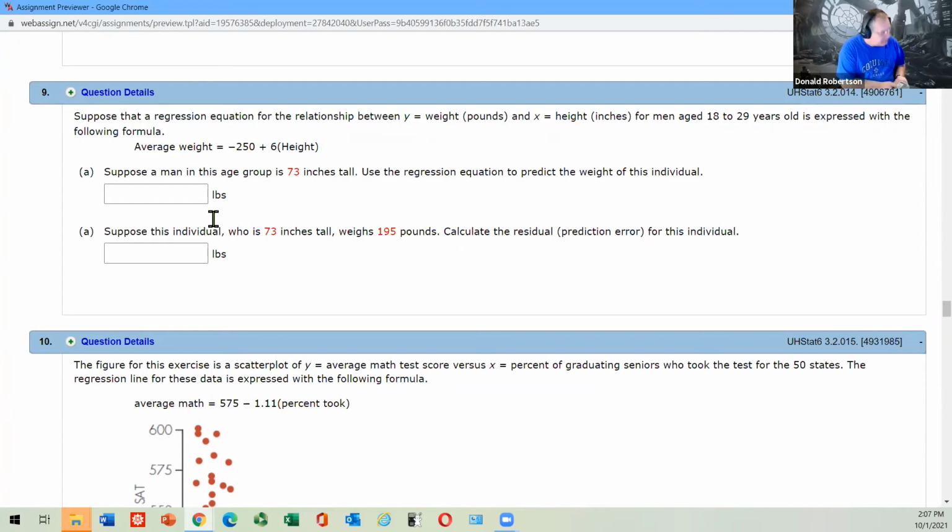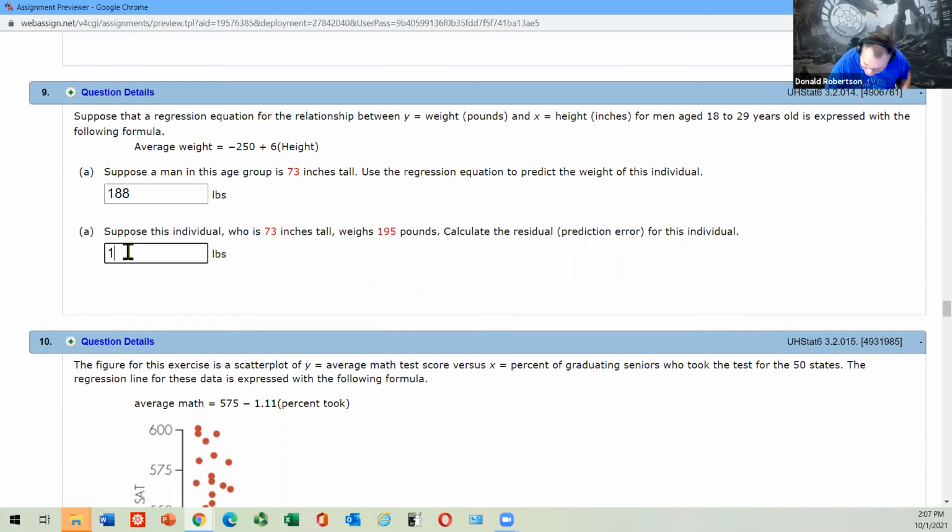Although you won't see me do it, I will be doing it. So it's negative 250, add 6 times 73, and the answer is 188 pounds.